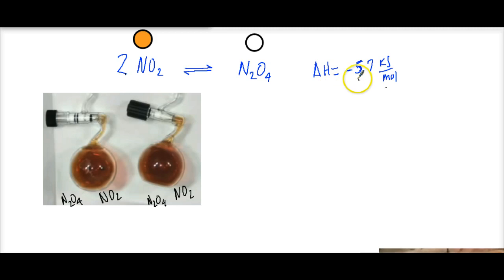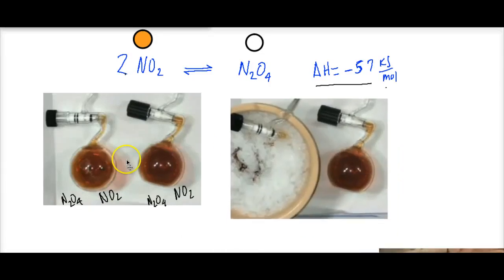Okay, so if we look at the delta H, we should know whether this is an endothermic or an exothermic reaction, right? What's it going to be, a reactant or a product? So then we took these very same two flasks and we put one in a container with ice. Okay, so these are identical.